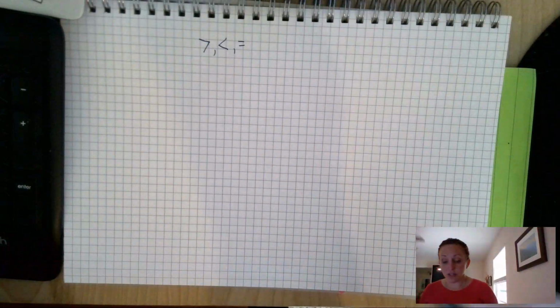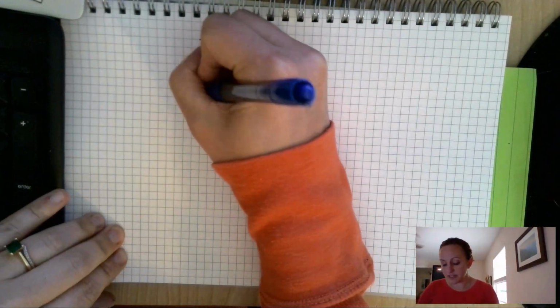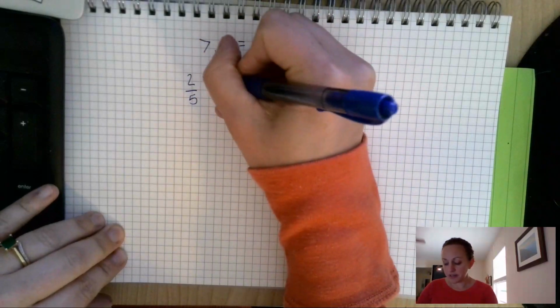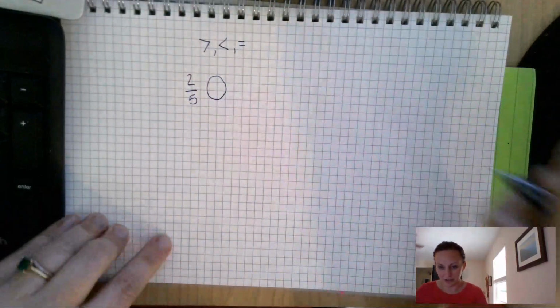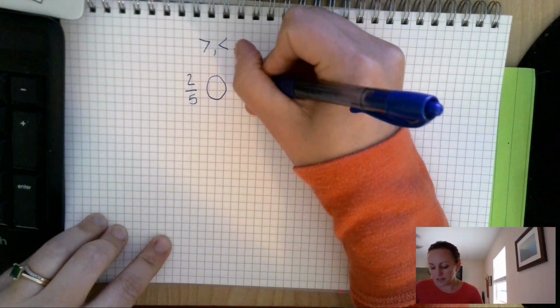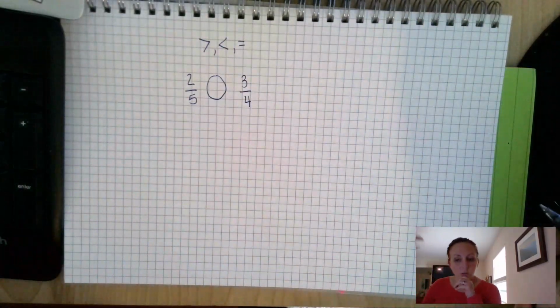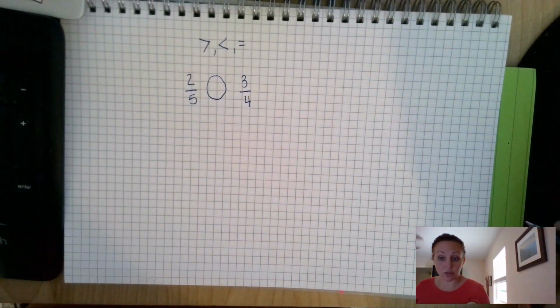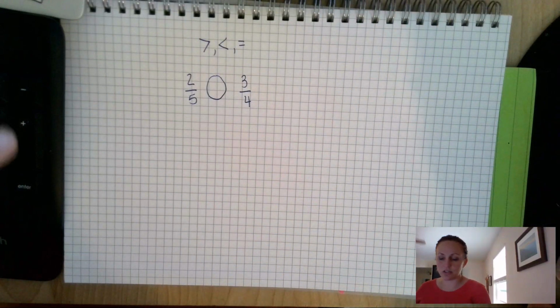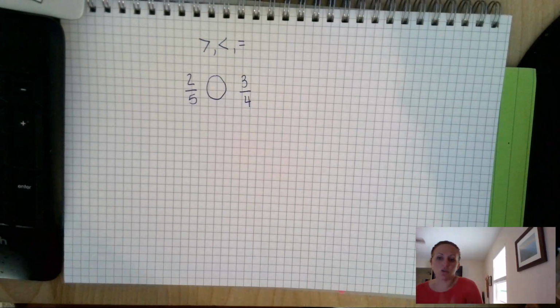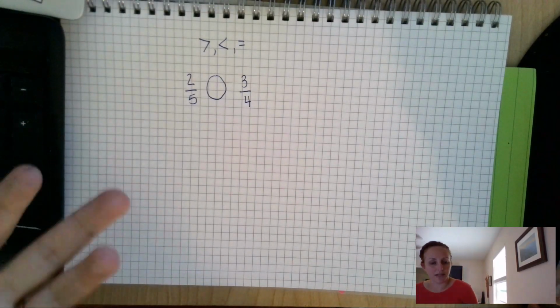Let's say I have 2/5 and I want to compare it, you usually see a little circle in the middle there, to 3/4. What I cannot just do is look at the numerators and the denominators and make a decision. Here's why.